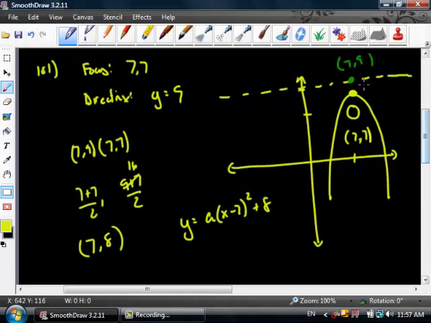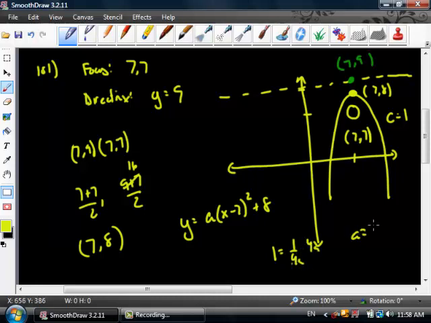Let's figure out a. What is the distance? This is 7, 8. What is the distance between the vertex and the focus? Matthew. It's 1. So C equals 1, which means that 1 equals 1 over 4a.